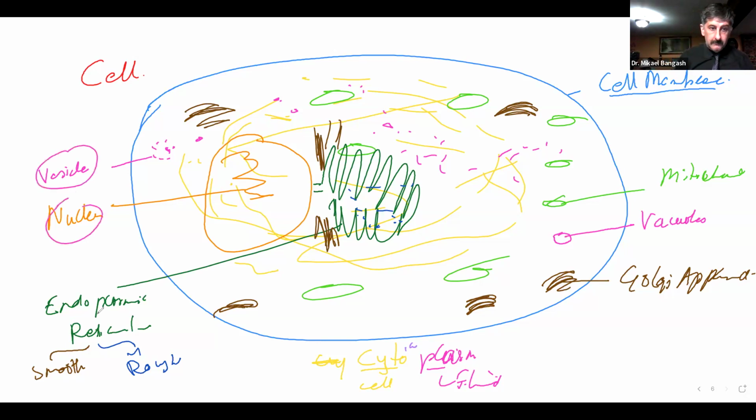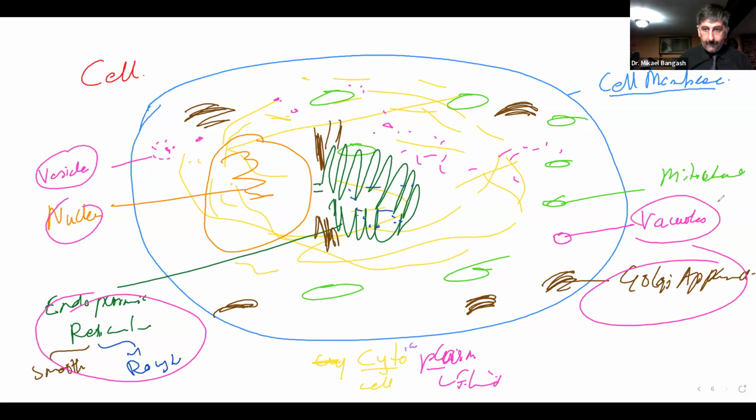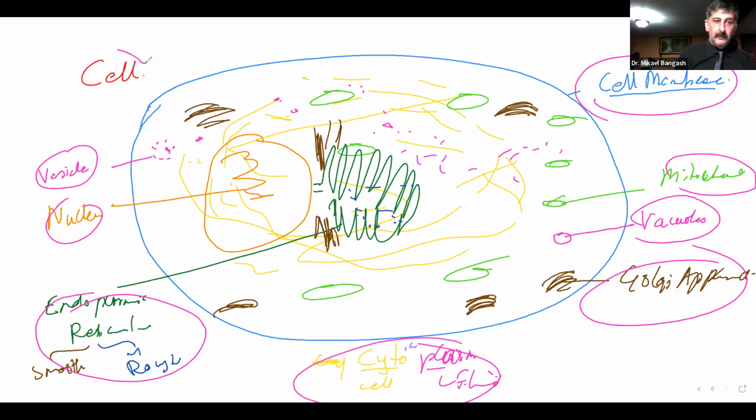All these, along with the cytoplasm and the cell membrane mainly, will be the basic organelles that come together to make a standard cell.